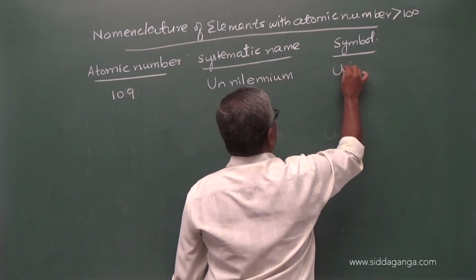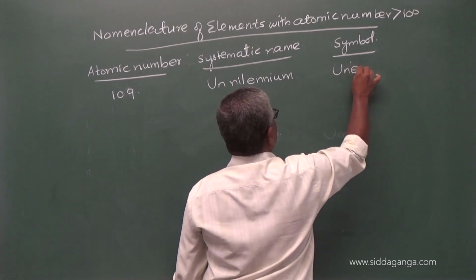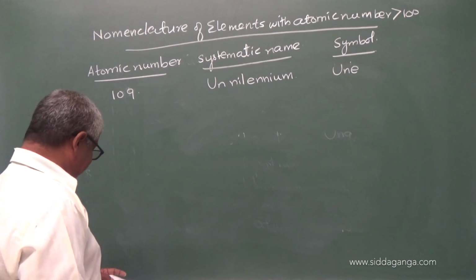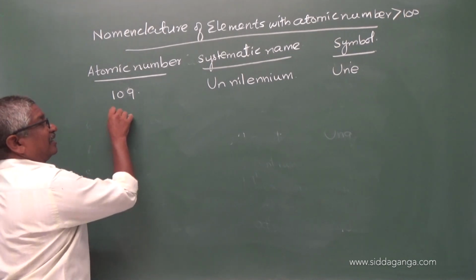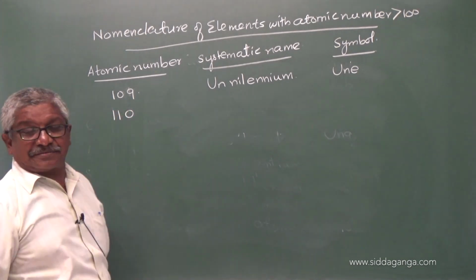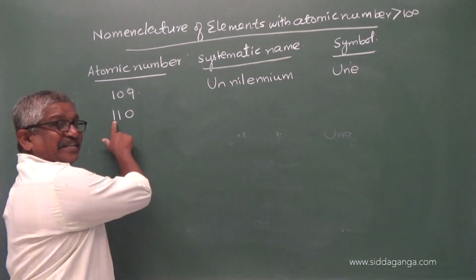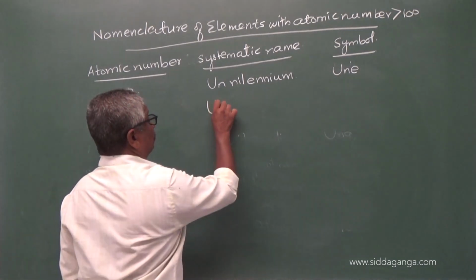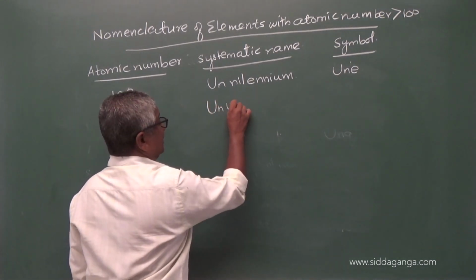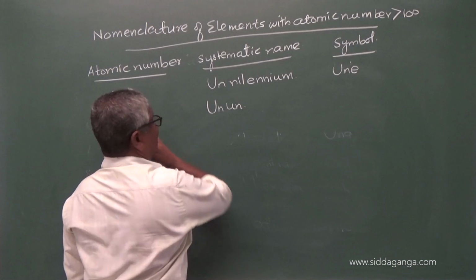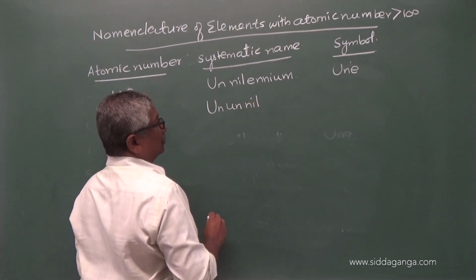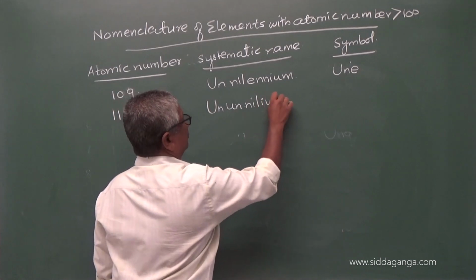The symbol is Une. Next, a small change comes. First is 1, next also 1. So 1, another 1, it is un, and 0 it indicates nil, un-un-nil-ium.